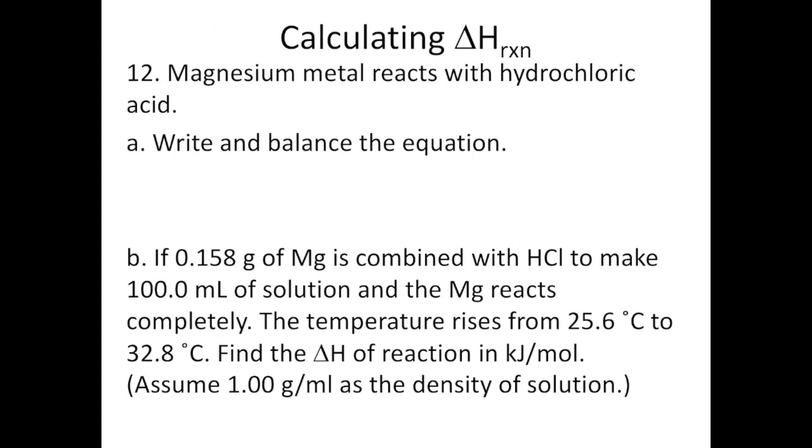Here's number 12. I want you to pause. This involves writing and balancing an equation, which you should know for Gen Chem 1. So you can do your best with that, and go ahead and do part B. We're calculating the delta H of a reaction in kilojoules per mole. Remember what I said about density of water, so you're all good there.